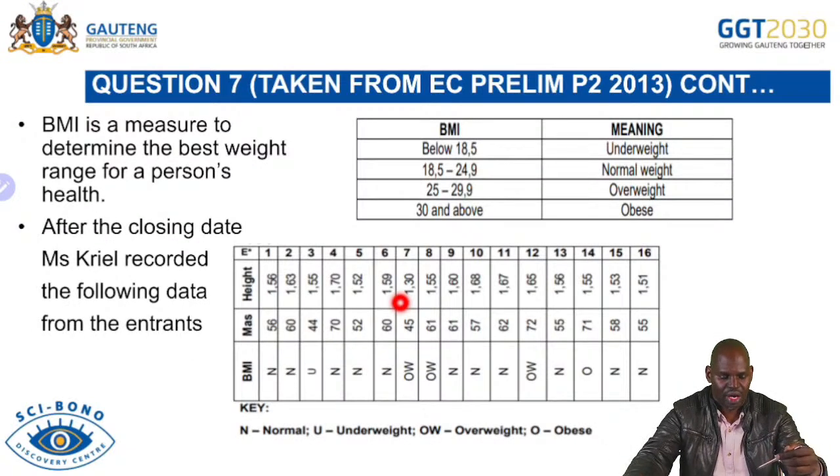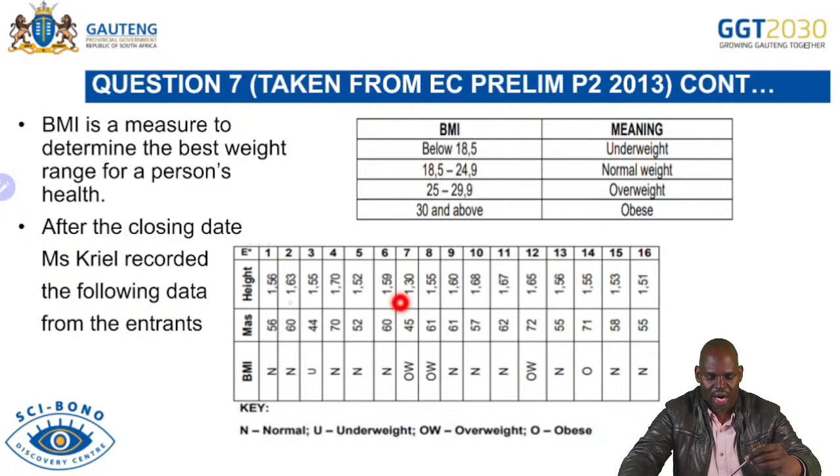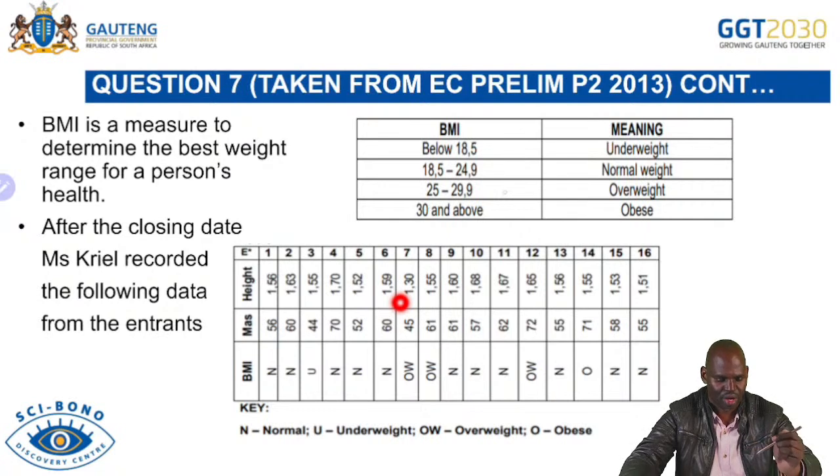BMI is a measure to determine the best weight range for a person's health. After the closing date, Ms. Krill recorded the following data from the entrants. From those people who have entered, this is the information. It also indicates that for BMI, if it's below 18.5, it is regarded as underweight, 18.5 to 24.9 normal weight, 25 to 29.9 overweight, 30 and above, obese.